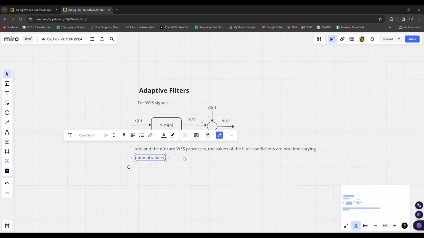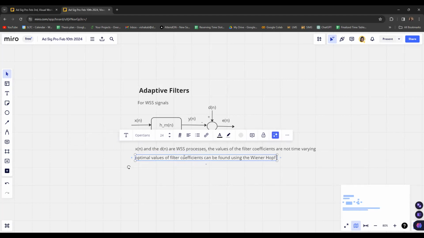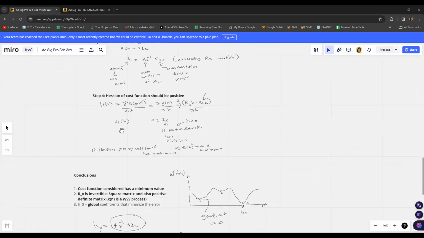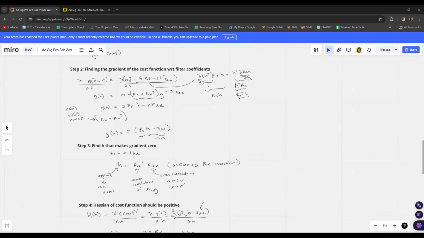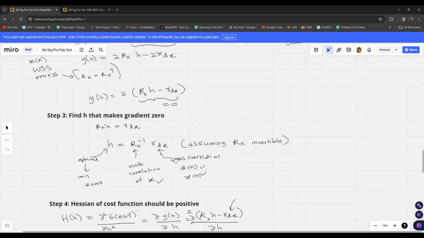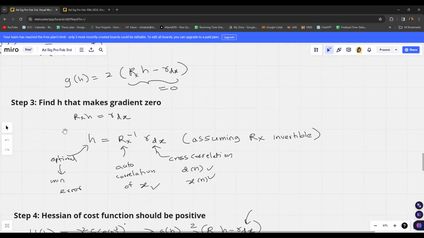So the optimal values of the filter coefficients can be found using the Wiener-Hopf equations that we derived last week, which are basically these ones. So the Wiener-Hopf equations are given by this expression.